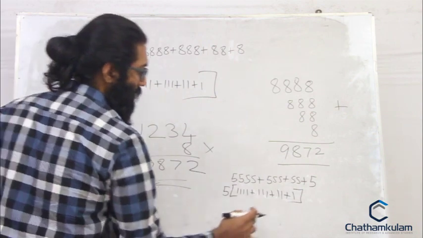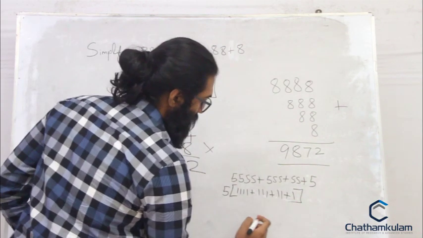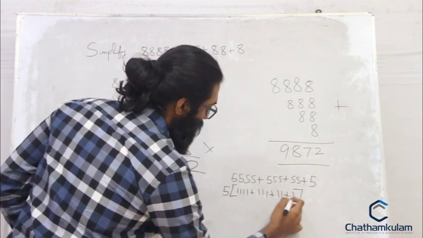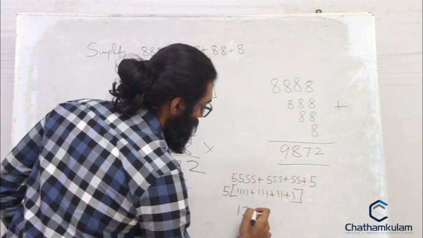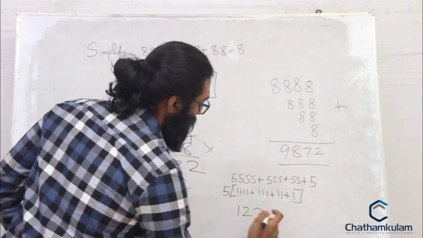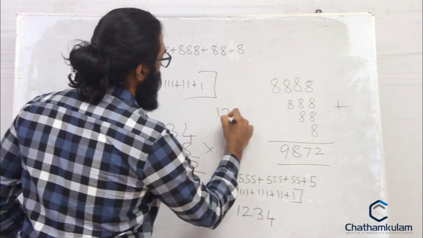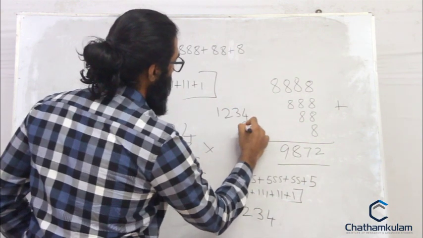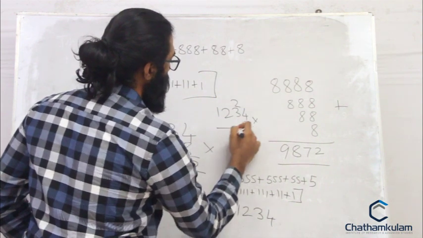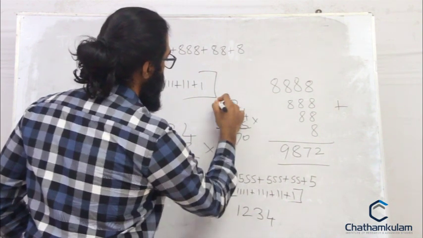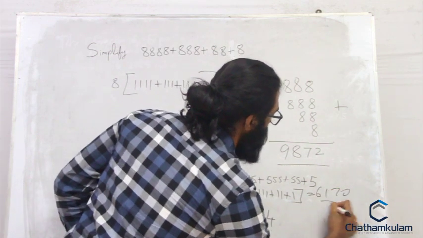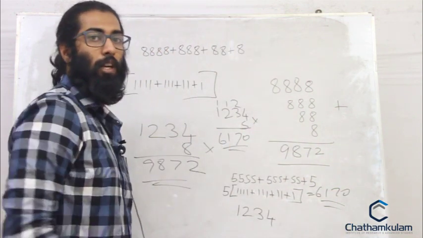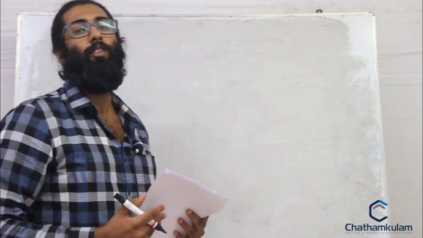So here, for one 1 we write 1, for 2 ones we write 2, for 3 ones we write 3, and for 4 ones we write 4. So we multiply 1234 into 5, and the answer is 6170. So we get it in a quicker way. So we will look into the next question.